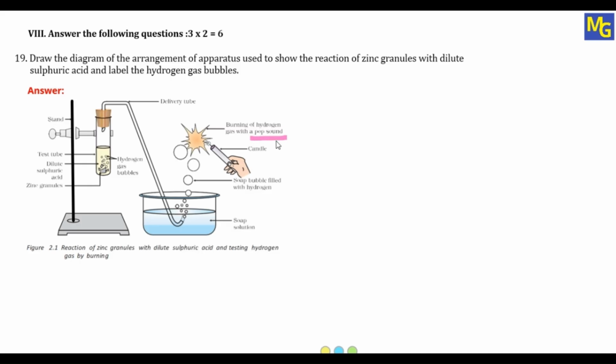So whenever a pop sound comes and the candle goes off, you should understand that the gas present in the bubbles is hydrogen gas. So the reaction which takes place here is zinc plus sulfuric acid, that is H2SO4, and here we will get a salt, that is zinc sulfate, and hydrogen gas is liberated.